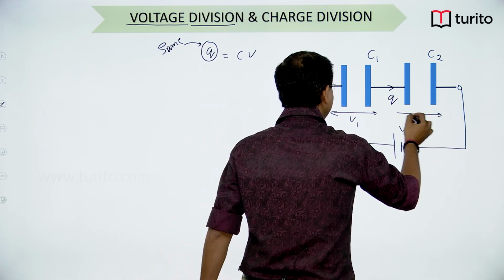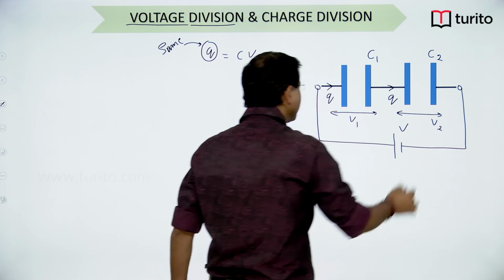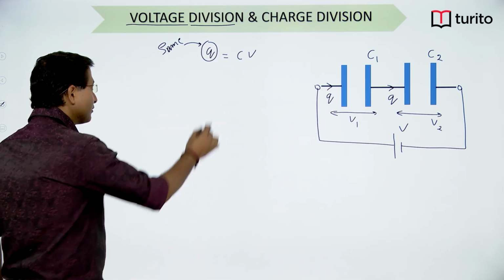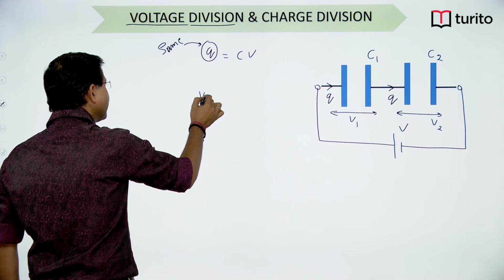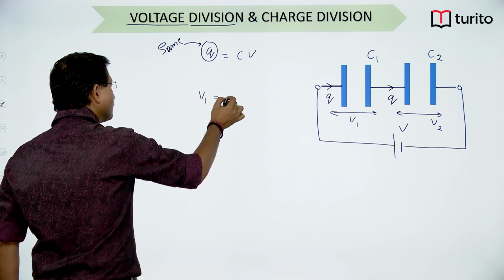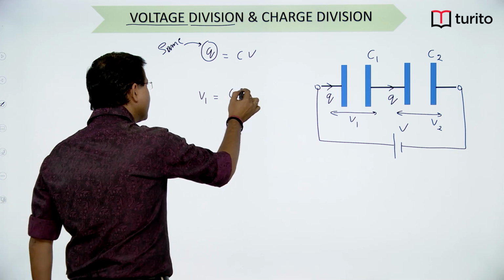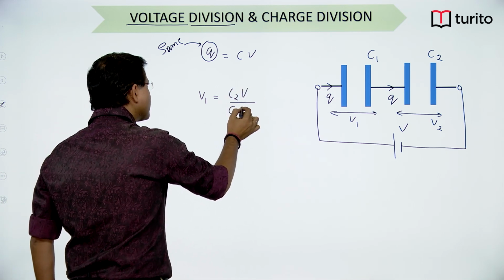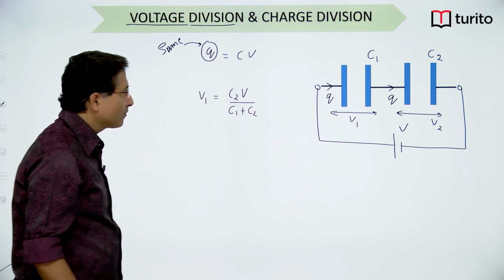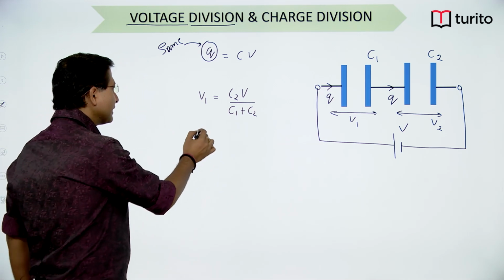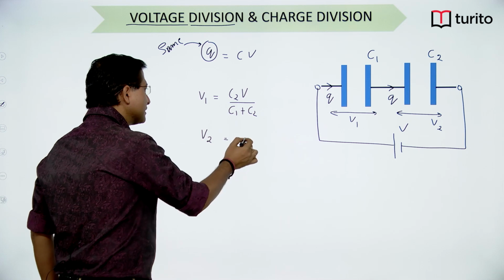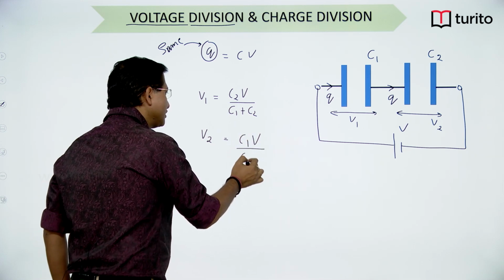So for the first capacitor, if I assume the voltage drop V1 and for the second capacitor V2, then because it is inversely proportional, I can directly write V1 is equal to C2V divided by C1 plus C2. Similarly, I can write V2 is equal to C1V divided by C1 plus C2.